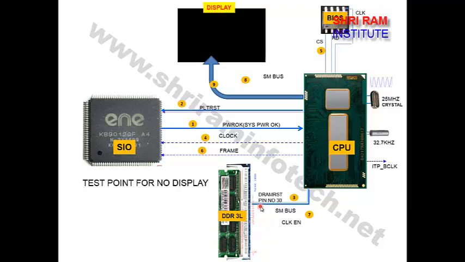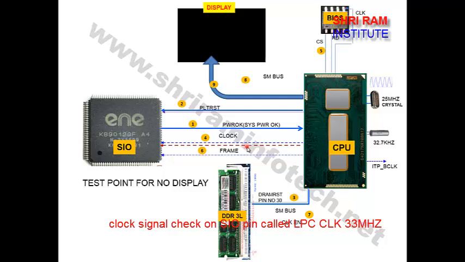Now if this signal is okay, then you have to check the next signal, which is the clock. This clock department is inside the CPU. There are two crystals, the 32.7 kilohertz and the 25 megahertz. The 32.7 kilohertz is basically used for the RTC circuit, the real-time clock, and this 25 megahertz crystal is basically used for the clock sections.